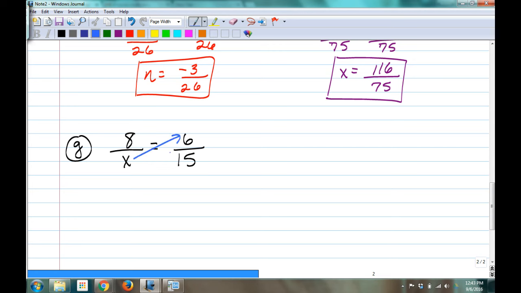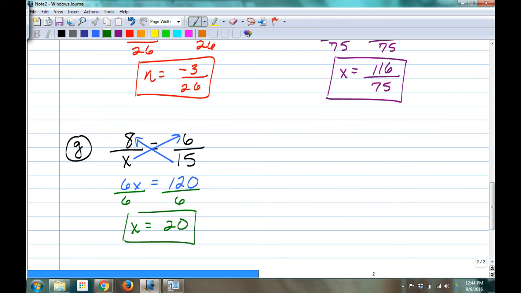So you cross multiply. One side is going to have 6x. What's the other side going to have? 120, yeah. Then we do what? Divide by 6. Yeah. And x is 20. Yeah, good job.